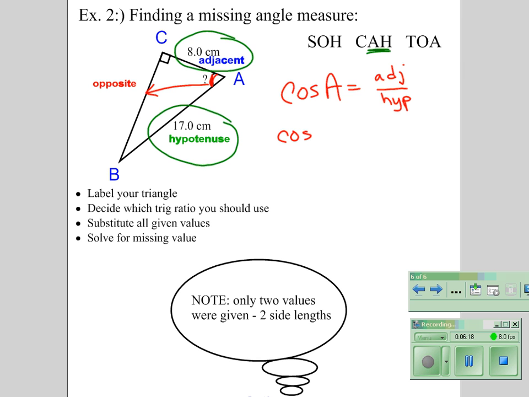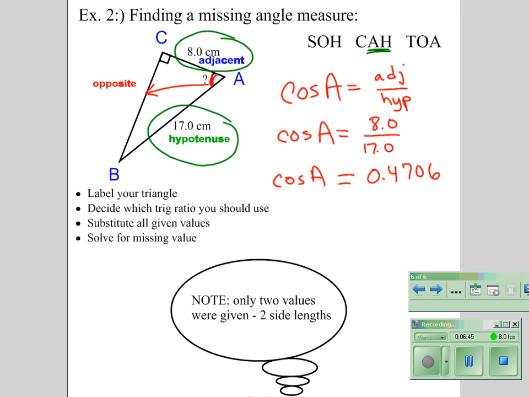A we don't know, so we can't substitute that. But we know the adjacent side is 8 centimeters, and we know the hypotenuse is 17 centimeters. And we also know that if we divide this ratio, 8 divided by 17, we have an approximate value, rounded to 4 decimal places, of 0.4706. And that's still equal to the cosine of A.